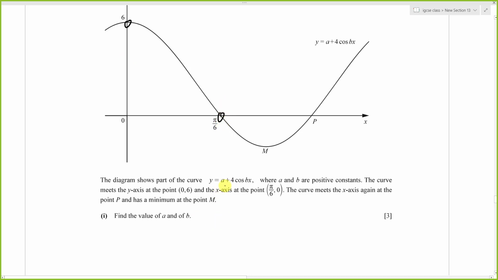When y equals 0, my x equals pi over 6 for cos. Do I need to do simultaneous? Okay, never mind, just write it down first. b I do not know, so I will say b pi over 6. Yeah, I think I should use another one first.